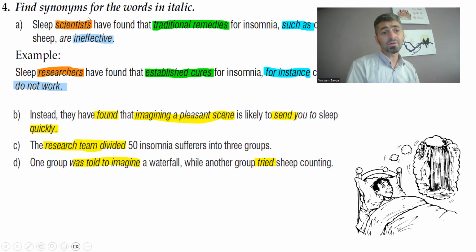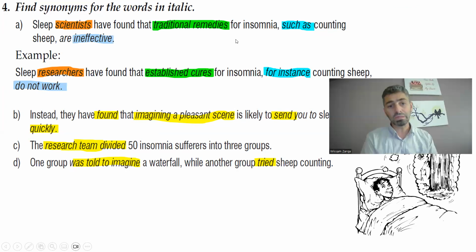The first one here, find synonyms. Let's not do the practice. Let's do the example. See the example here. Sleep scientists have found the traditional remedies of insomnia, such as counting sheep, are ineffective. Insomnia means when you have trouble at night when you want to sleep.